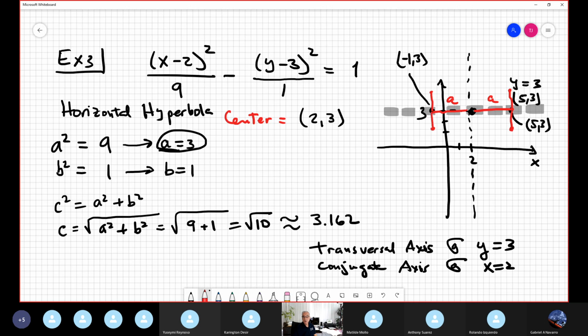B is 1, B is 1. Entonces my famous asymptote is like that. It's a 1 and it's a 2. Then the rest using my common sense.